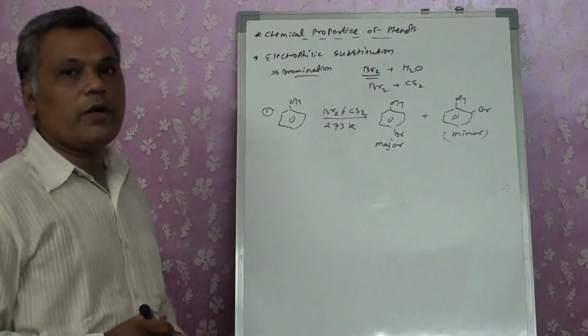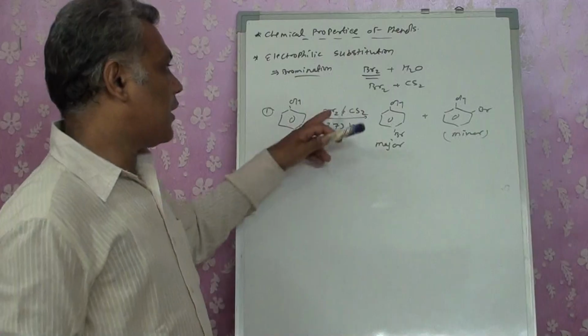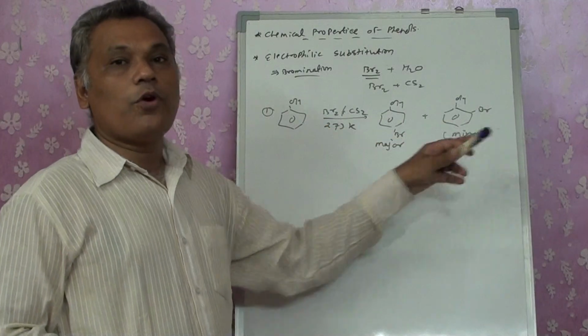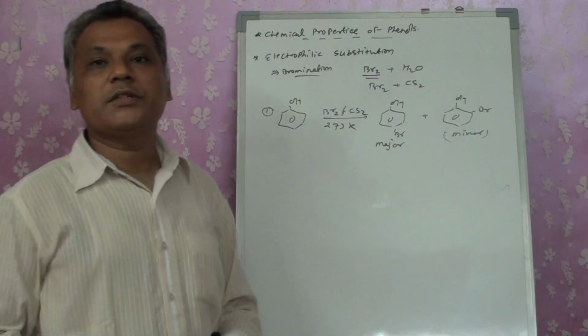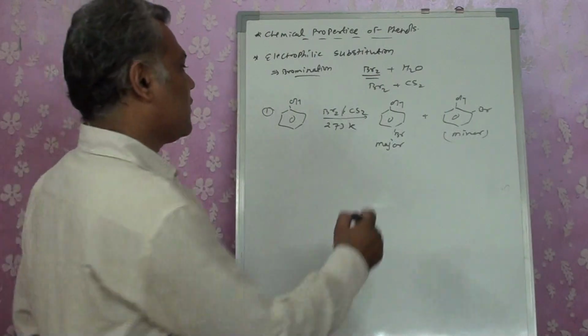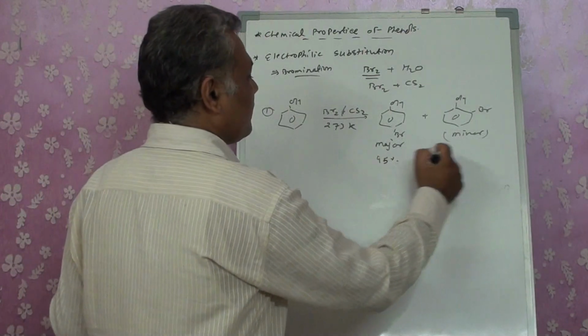Right? So when we go for such reactions with carbon disulfide, we get either ortho or para, where ortho is very minor. You can say this is 95%, this is 5%.